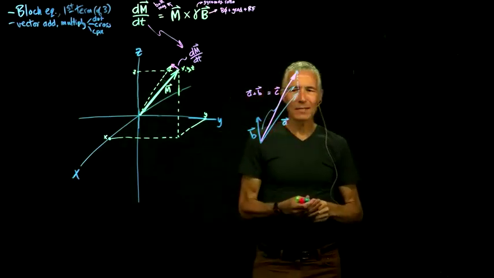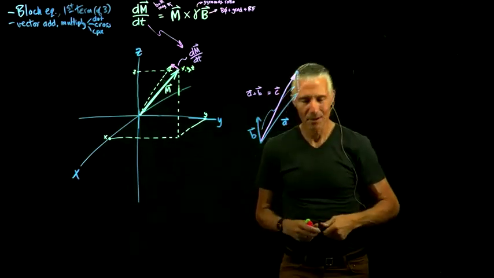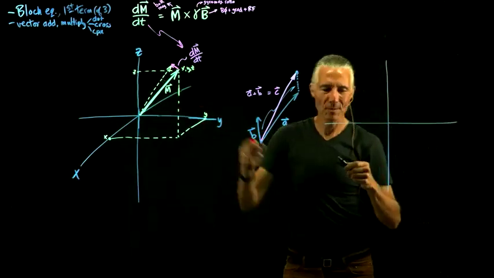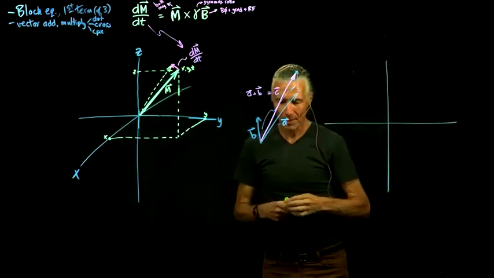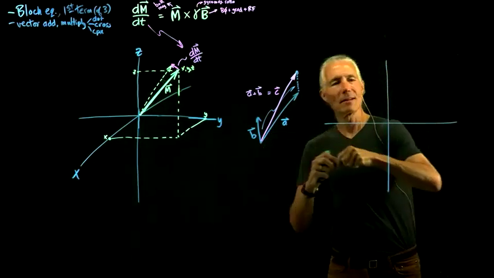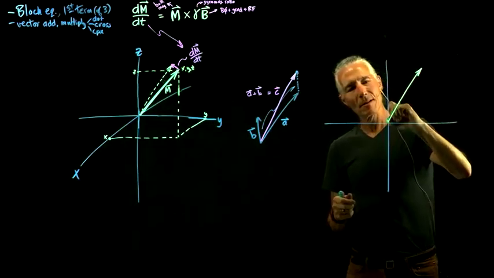So let's add those by coordinates. Let's just do it in 2D so we don't have to mess with the third dimension. Let's make it in different colors. Here's the first one, and here's the second one.